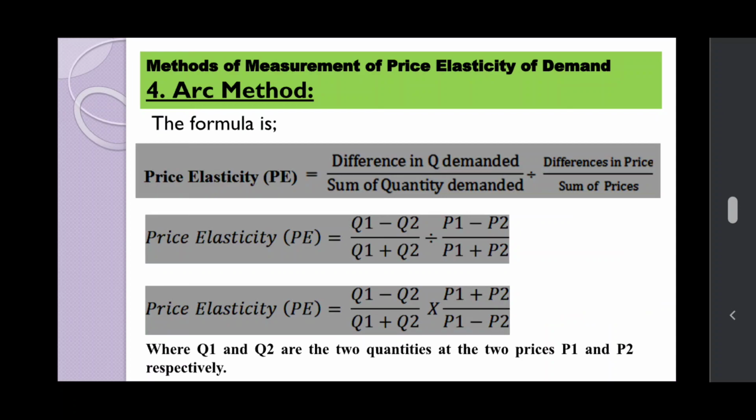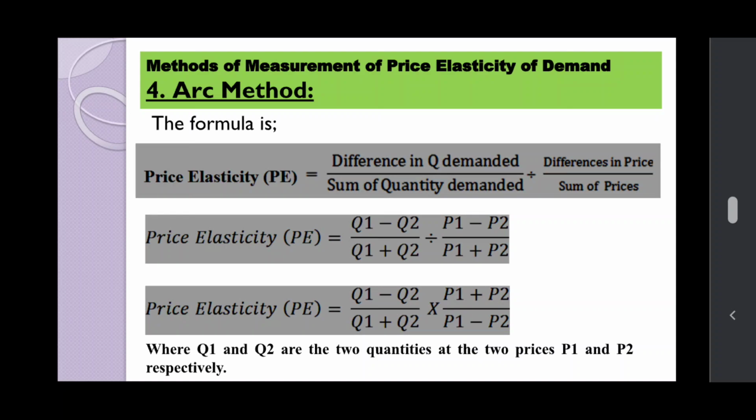Price elasticity is equal to difference in quantity demanded upon sum of quantity demanded divided by difference in prices upon sum of prices. Symbolically, it is price elasticity is equal to Q1 minus Q2 upon Q1 plus Q2 divided by P1 minus P2 upon P1 plus P2.